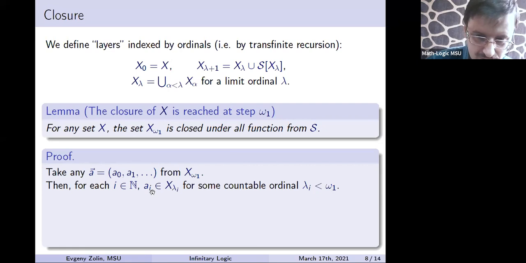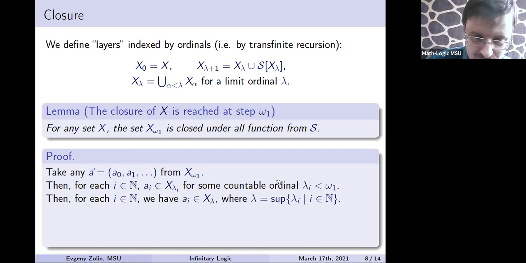Now, we can take the maximum of all these ordinals, but in set theory it is called not a maximum but a supremum, which is the smallest ordinal that is greater than all these ordinals. And then all these elements are in this set X lambda.